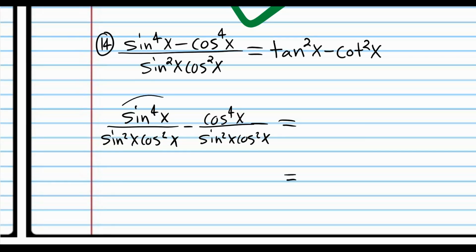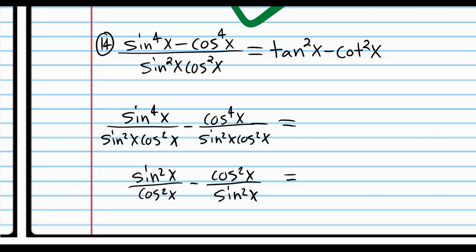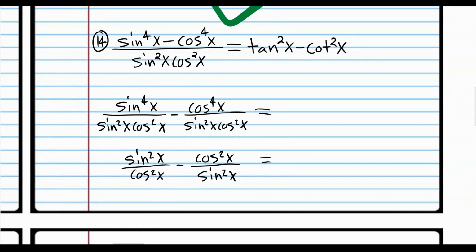So now we have sine to the fourth power over sine to the second power. 4 minus 2 is 2, so we're left with sine squared in the numerator. And cosine to the fourth divided by cosine squared is cosine squared. So again, we're left with cosine squared in the numerator, and you can see that this is exactly the same problem that we did previously.